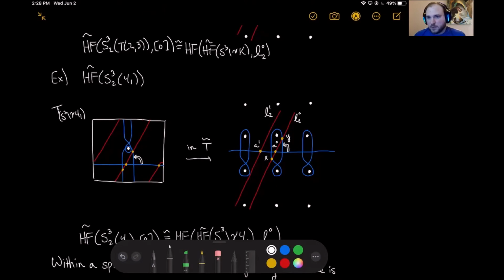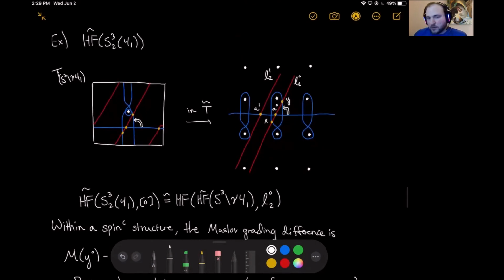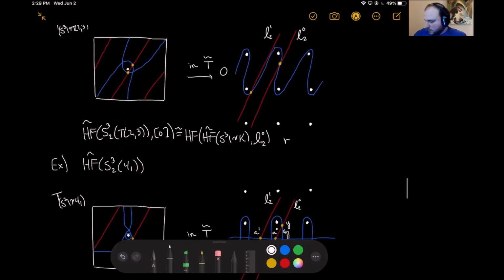Just for speaking about the dimension of Floer homology, the grading arrows don't make a difference. The lift of a curve intersecting the grading arrow doesn't add any intersections for computing Floer homology that way. Okay, and then this is an example where we have rank 3 Floer homology in one spin-C structure versus rank 1 before.